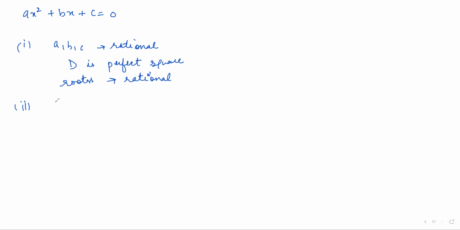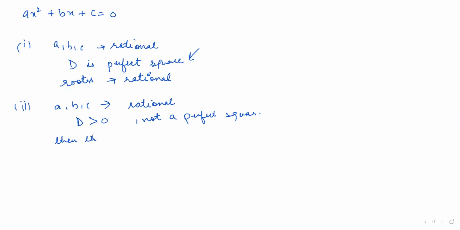Second, if again a, b, c are rational, and your D is greater than 0, positive, and it's not a perfect square, obviously. Perfect square means this condition, and if it's not a perfect square, the opposite one, then the roots are conjugate irrational.